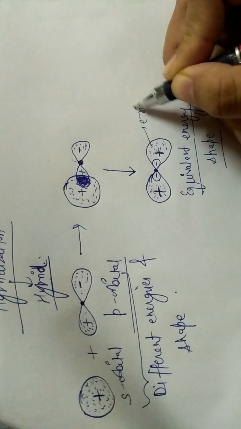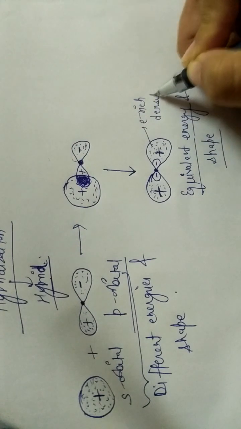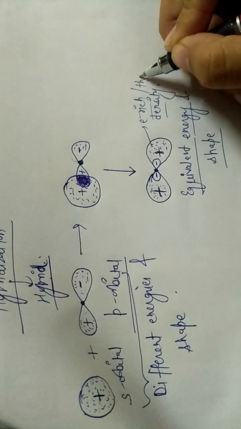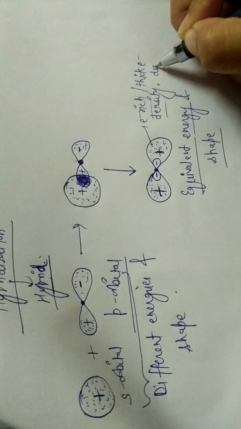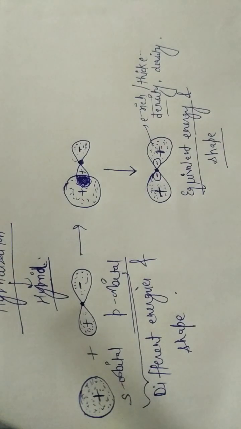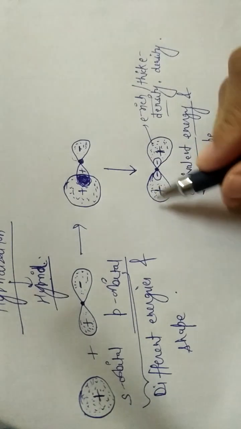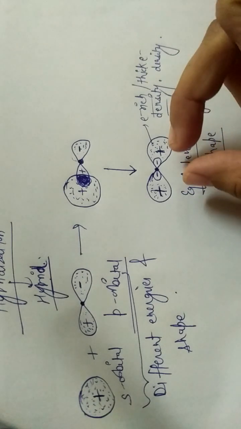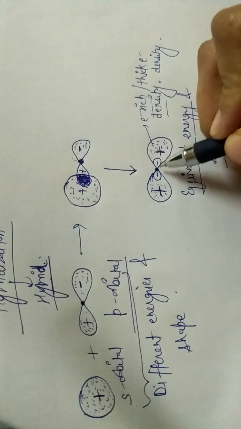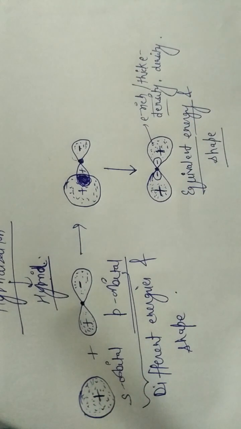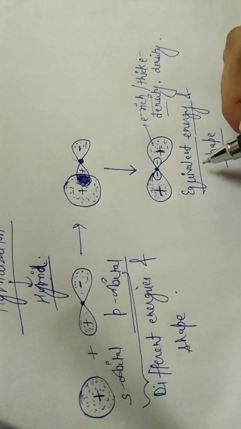So it has rich or thick electron density. As we can see, these orbitals now have the same shape as well as energy, because the electron density distributed is similar in the whole of the orbital.